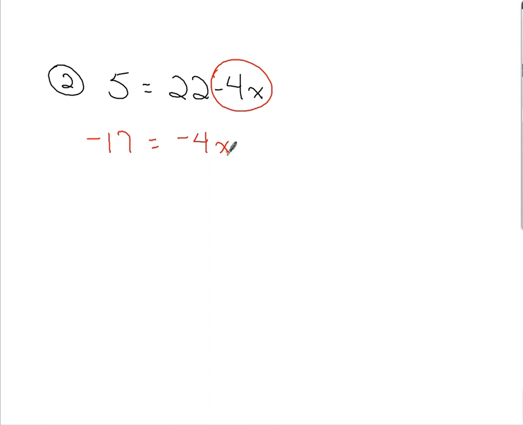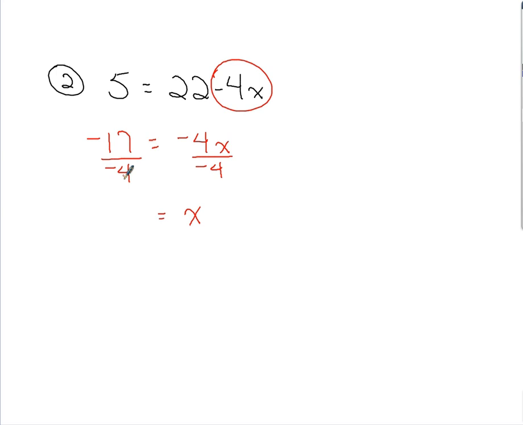Now, I didn't write this as a step on the last one, but whatever's in front of x, you're dividing. And if I write it as a step on this one, it's a little nicer because you get to see how the fraction is formed. Fraction answers are a possibility. We divide to isolate the x. You've got negative 17 divided by negative 4.